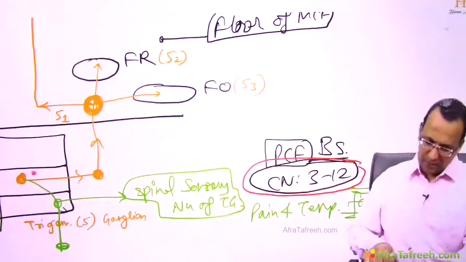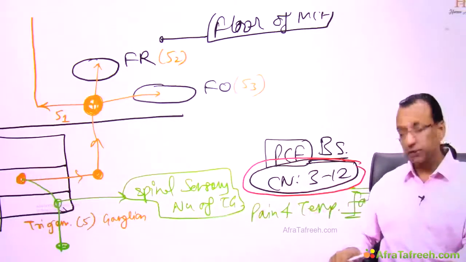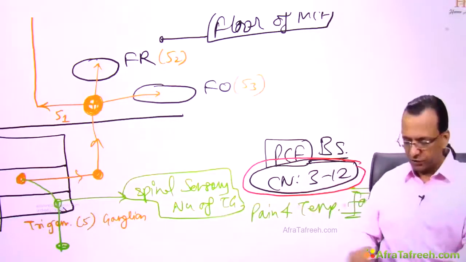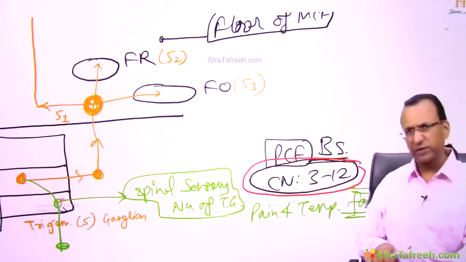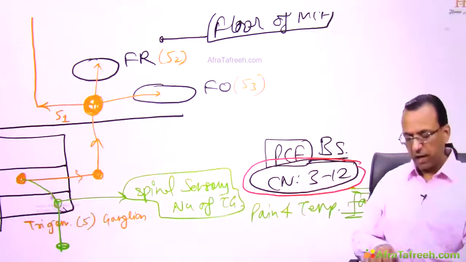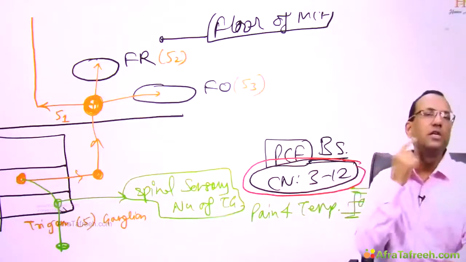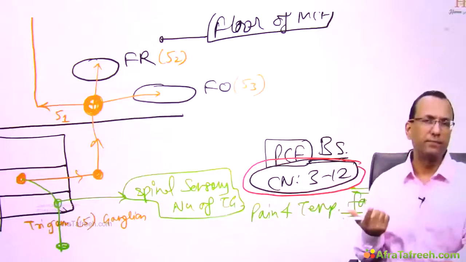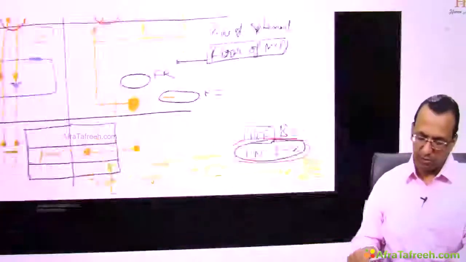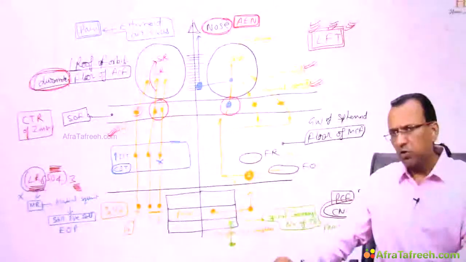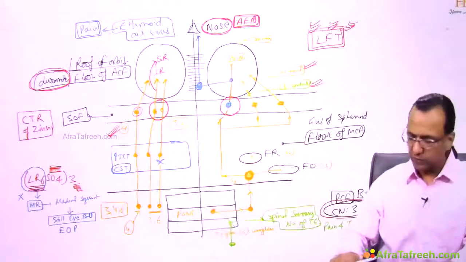You are telling me the pain of ethmoid sinusitis is the pain of the face? Yes. And pain of the face is received by the spinal sensory nucleus of the trigeminal, which passes through the lateral medulla, and is compromised in Wallenberg syndrome. That's why in Wallenberg syndrome there is loss of pain and temperature on the same side of the face. What is the purpose of this diagram? The purpose is very simple: how do you carry the pain of ethmoid sinusitis?